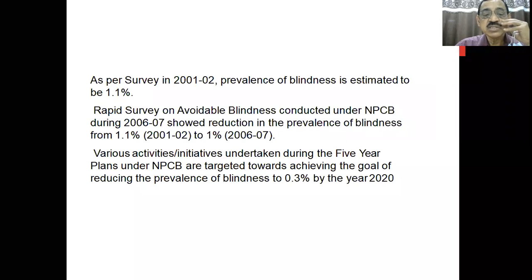They showed a reduction in the prevalence of blindness from 1.1% in 2001 to 2002 to 1% in 2006 or 7. So various activities or initiatives undertaken during the 5-year plan under the National Program of Control of Blindness are actually focused towards achieving the goal of reducing the prevalence of blindness to 0.3% by the year 2020.